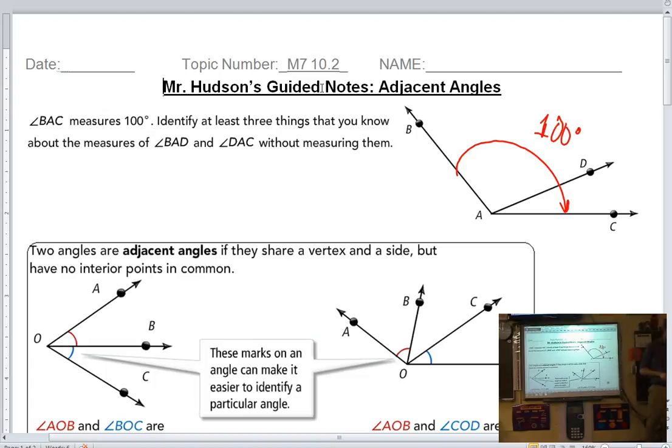That whole thing is 100. So Julia, if that whole big angle is 100, what's something else that we know? That both of those two other angles together equal 100. Yeah, so we could write that.